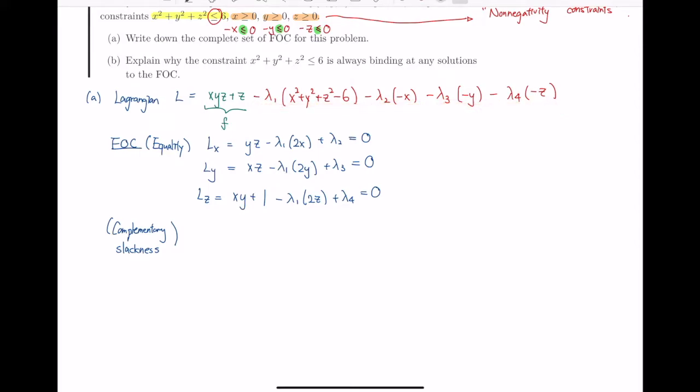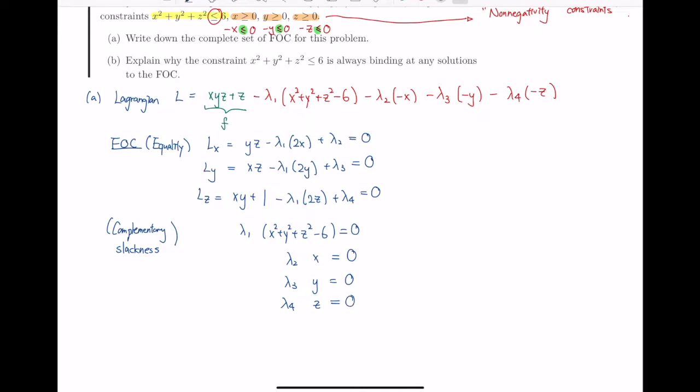The first one will be lambda 1 times x squared plus y squared plus z squared minus 6 equals 0. The other one is lambda 2 times minus x equals 0, which is the same as lambda 2 times x equals 0. And then lambda 3 times y equals 0, lambda 4 times z equals 0.